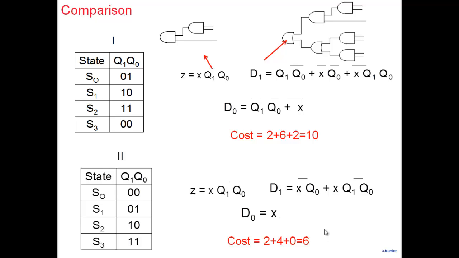All right, so what we would like to do is determine the best way of assigning codes. If different ways of assigning codes produce different results, then we would like to know the best way of assigning codes to these states. Now, unfortunately, there is no well-defined mathematical principle that we can follow to assign these values.